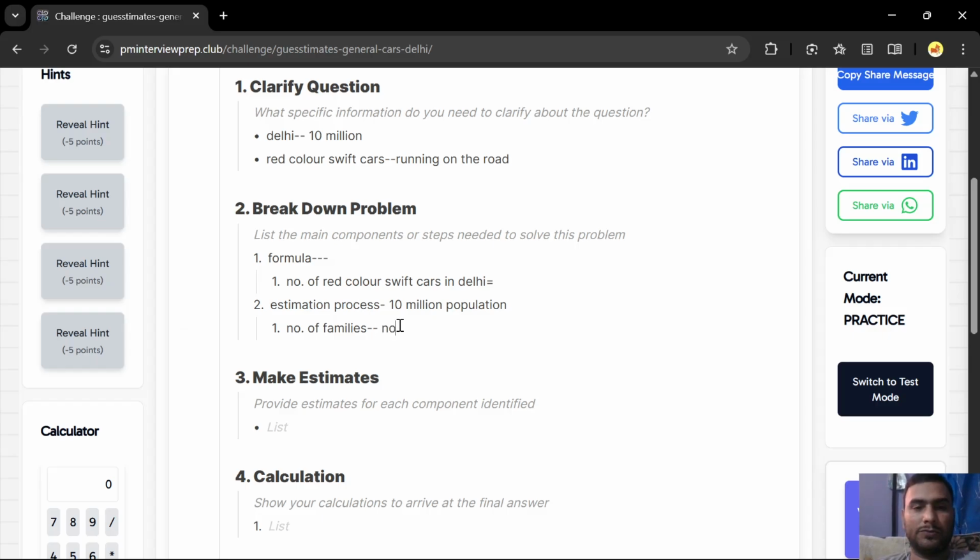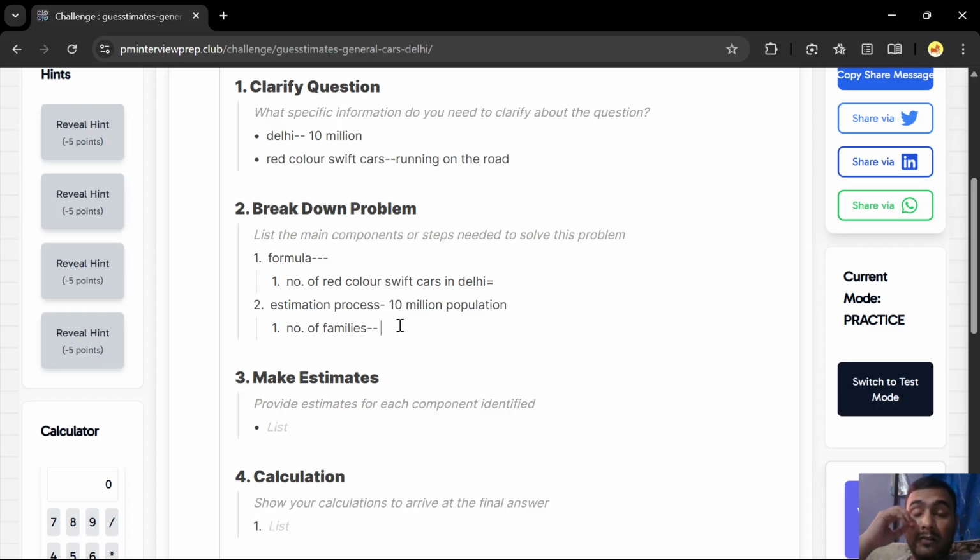If there is a five people in a family, we can calculate the number of families from that. Because I am assuming that each family owns only one car, but it may be that many families can own more than one car.